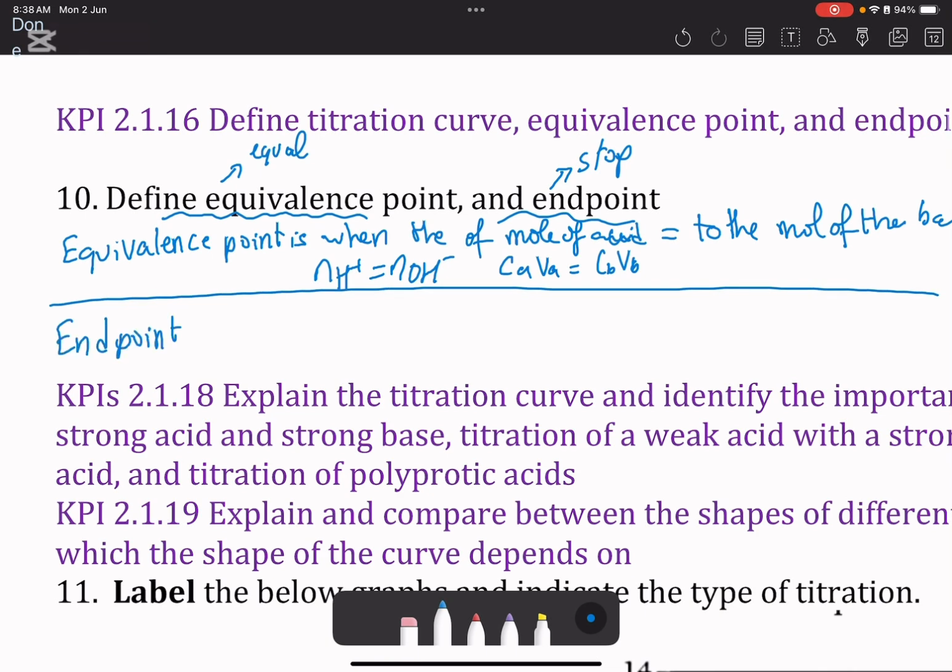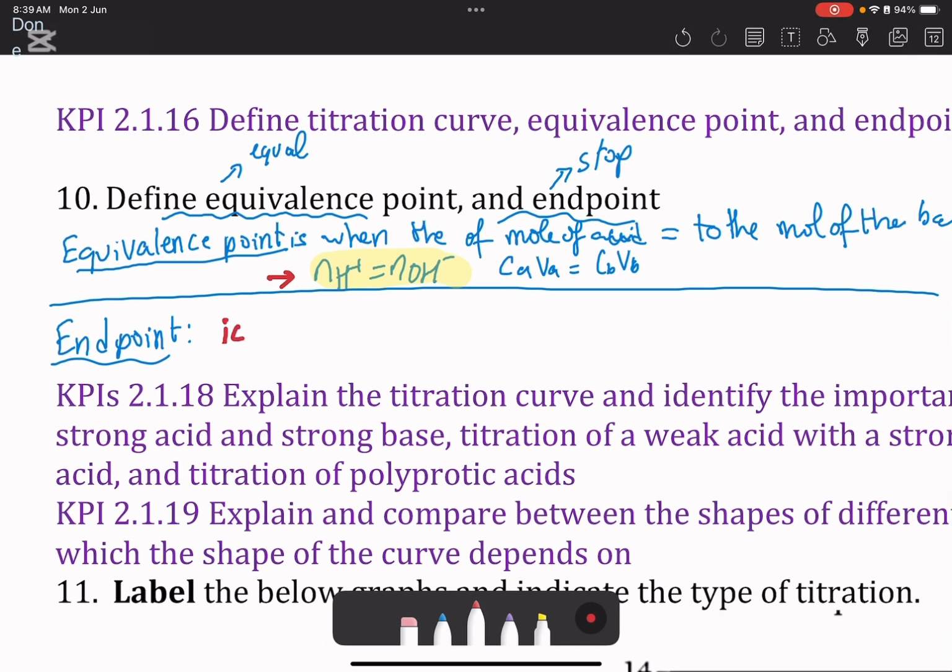Now, end point. When we are doing the titration, our eyes are not a microscope. We are not able to observe and see when the moles of the acid become equal to the moles of the base. Therefore, we have the help of the indicator. And the indicator at the equivalence point will not switch color. It's not going to give you a color indicating whether there's an acid or there's a base. The indicator will switch color when the acid becomes slightly more than the base or vice versa.